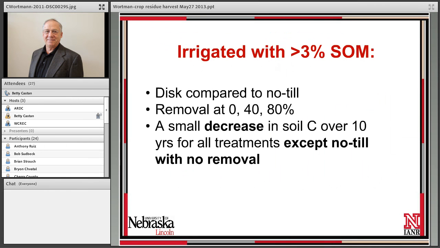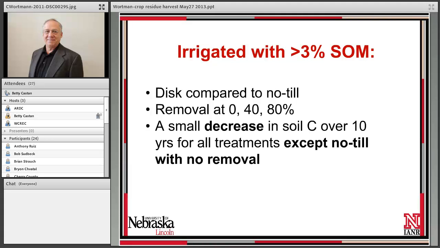With the irrigated site, the organic matter, again, it's more productive soil, greater than 3% organic matter. There they're comparing this to no-till, and they have 3 removal rates at approximately 0, 40 and 80% removal. There they've seen a decrease in soil organic matter over 10 years for all treatments except the no-till treatment with no residue removal.